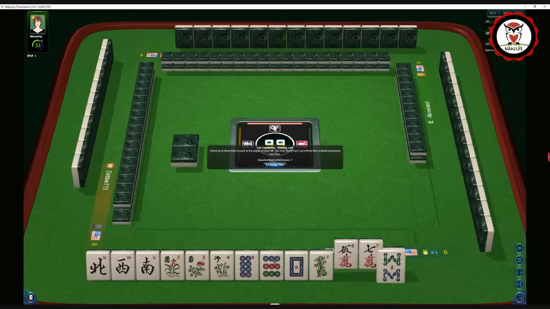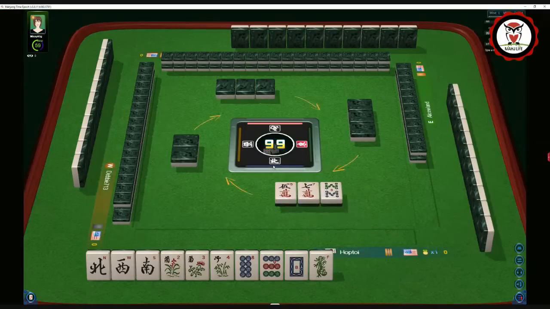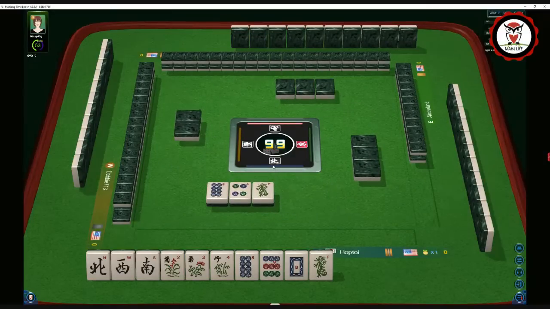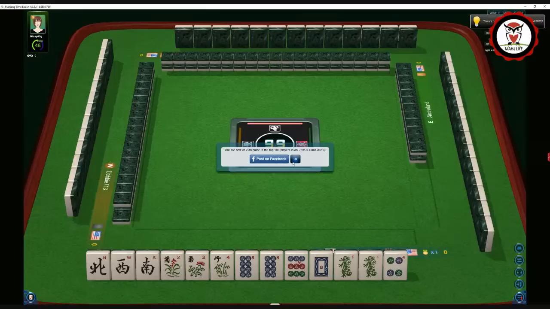Let's do 5, 7, 8. This is a tough one. What would you guys do with these tiles? Okay, somebody is keeping the winds. We keep getting dragons. Oh my gosh, look at that. Okay, oops, we'll let that go by there.